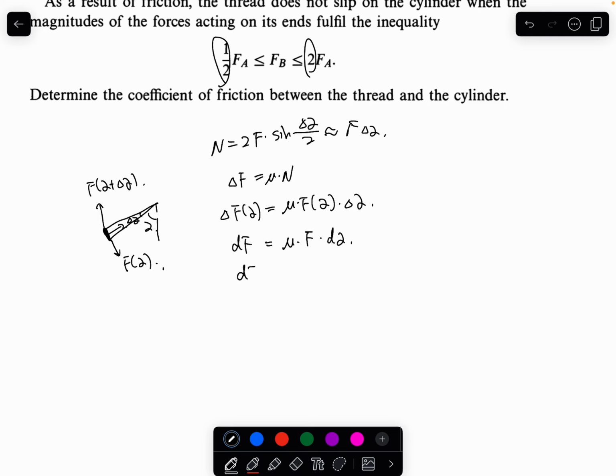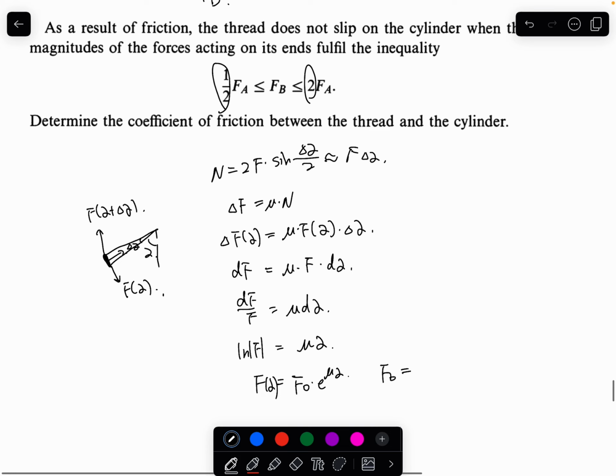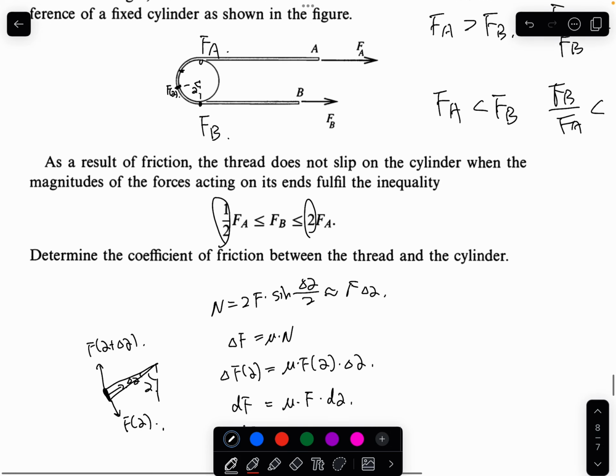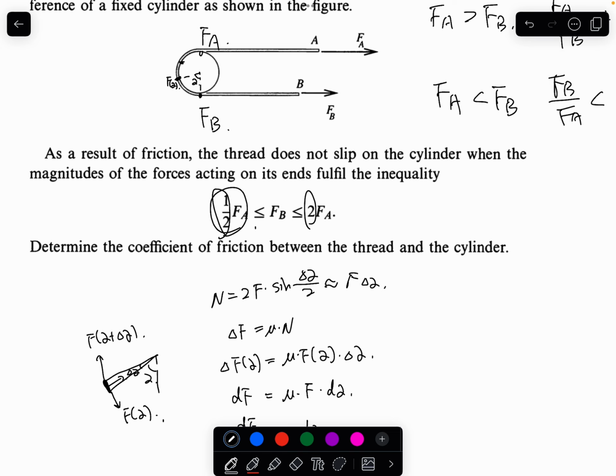So dF over F equals mu d alpha, and we know that ln F equals mu alpha plus a constant, so F of alpha equals F0 times e to the mu alpha, where F0 is the smaller tension.